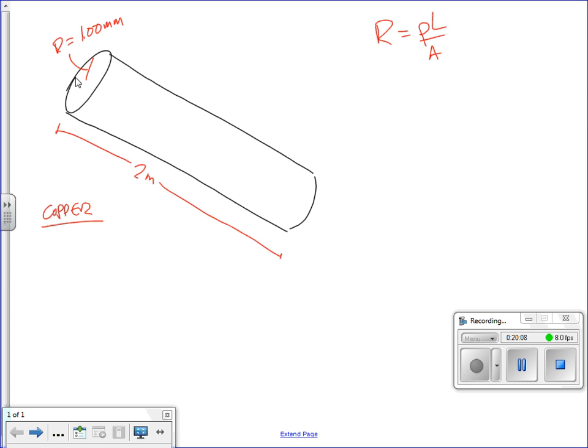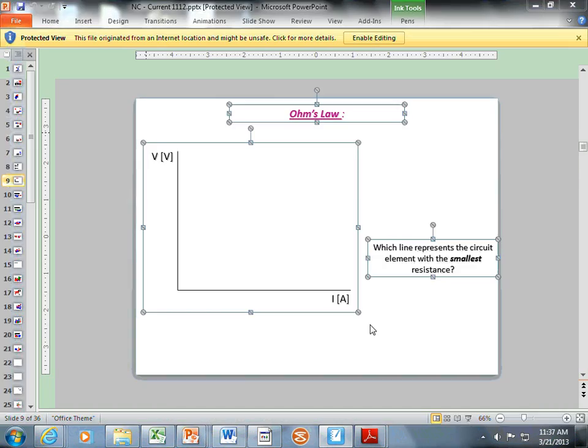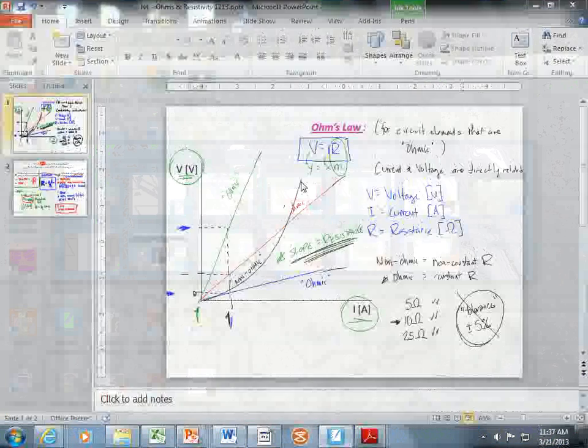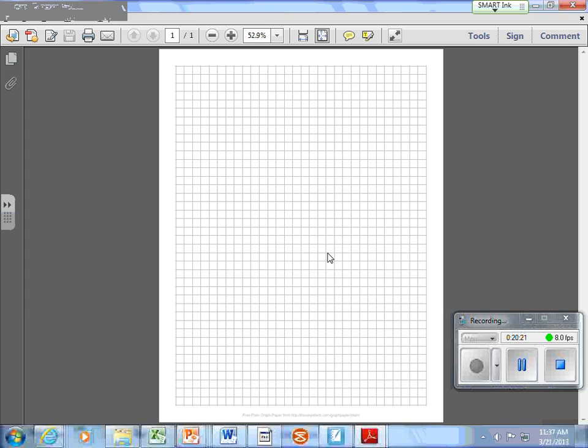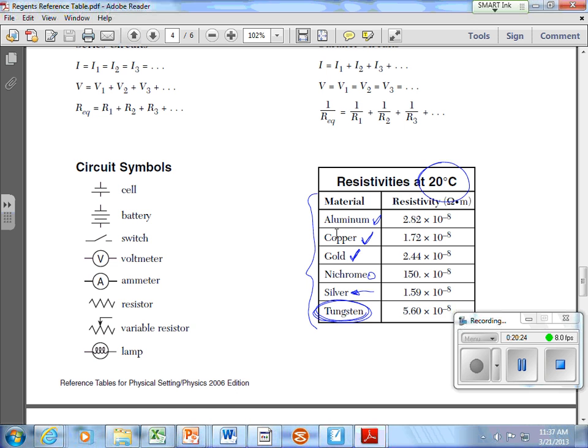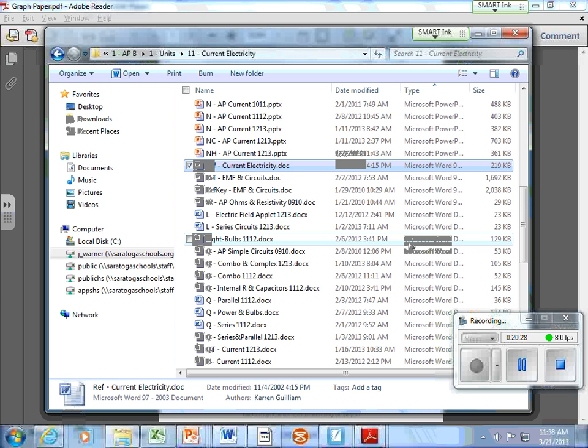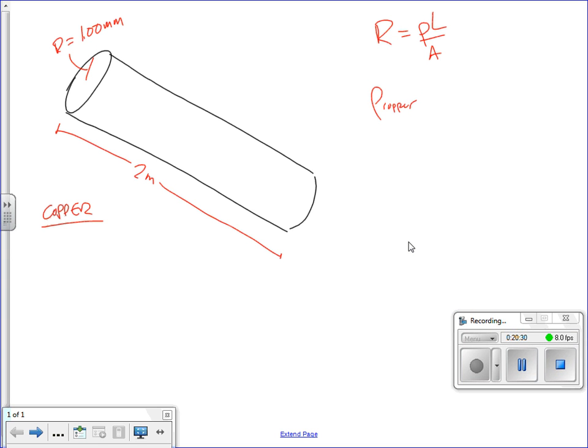All right, well, rho for copper, if you look through your reference table, rho for copper: 1.72 times 10 to the negative 8 ohm meters.